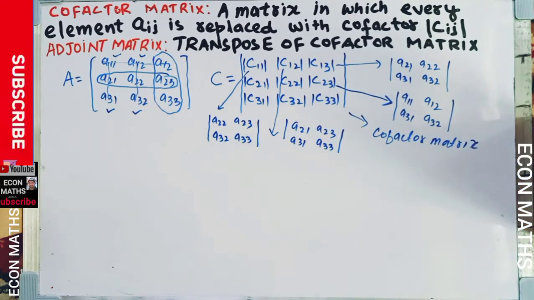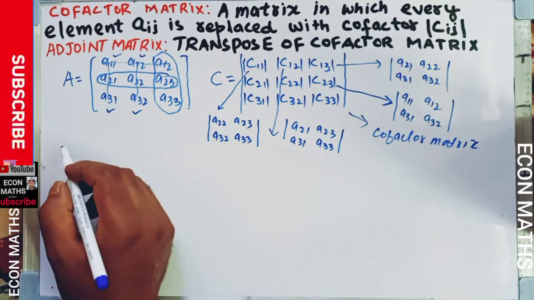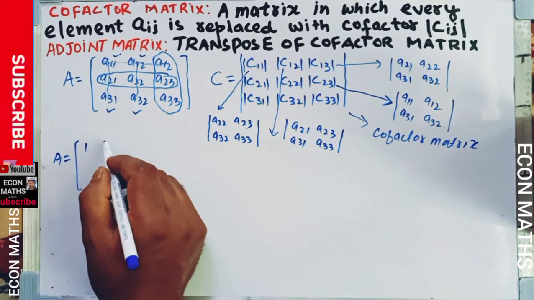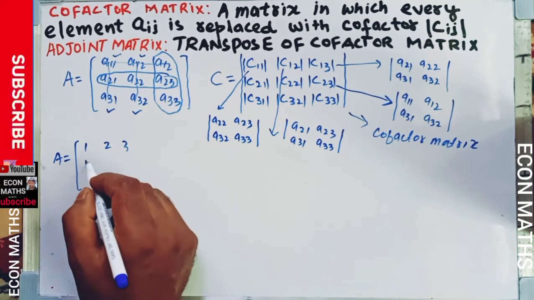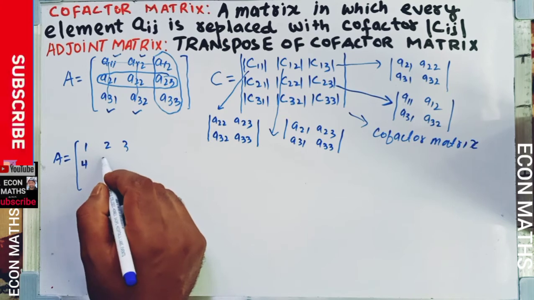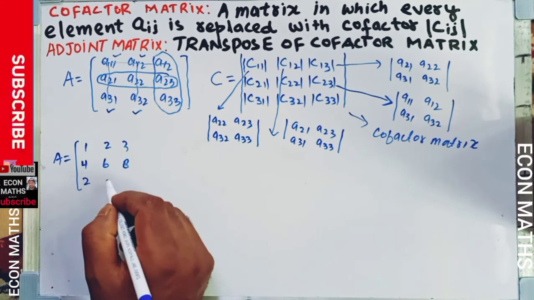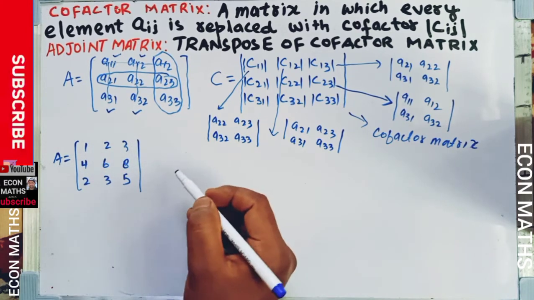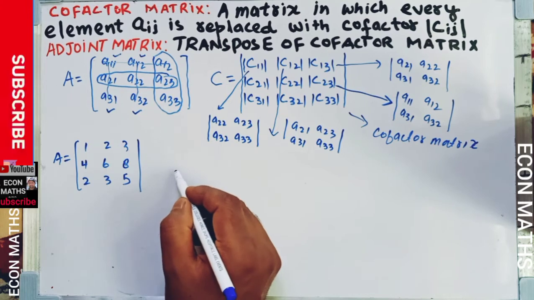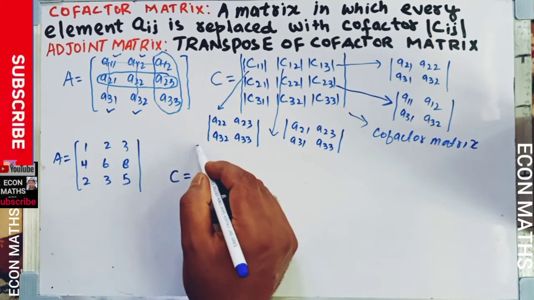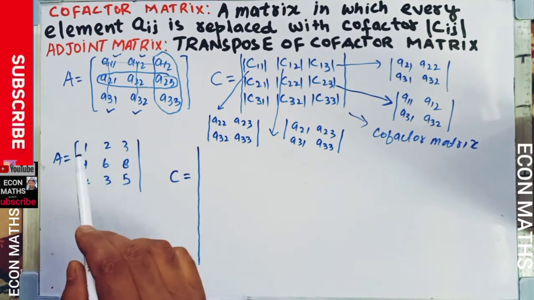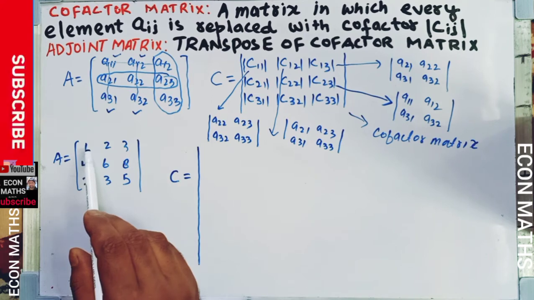Now in parallel I will give an example. If I have a matrix A equal to 1, 2, 3, 4, 6, 1, 8, 2, 3, 5, let us say. Now the cofactor matrix of this will be C equal to, now we will replace every element here with its cofactor.